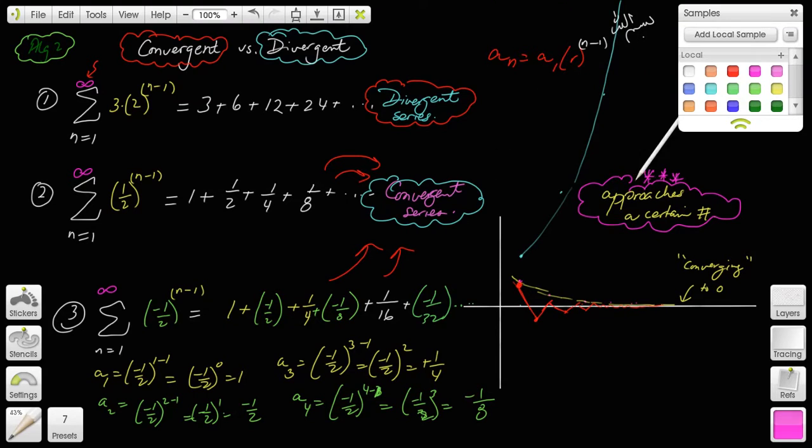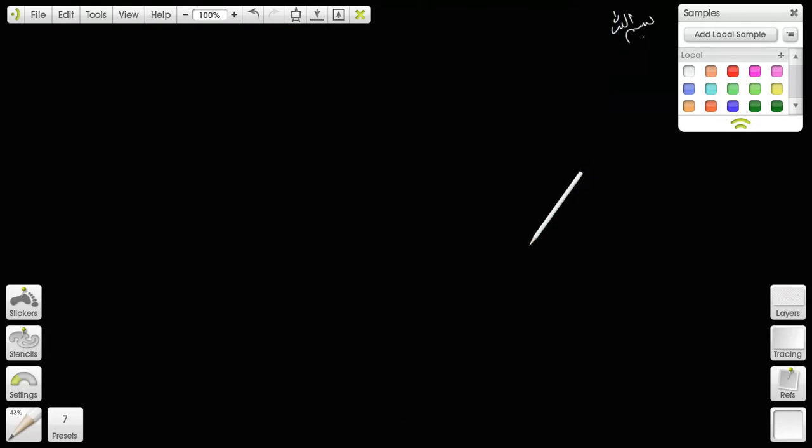I gave examples of geometric series here, but they could be non-geometric series, and they could still converge and they could still diverge, of course. Now, there is an interesting concept that results from this, and we shall talk about this next.